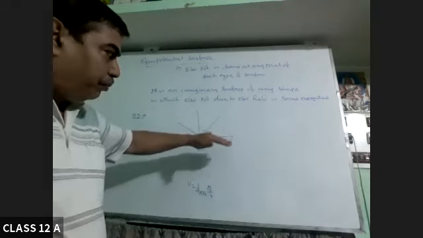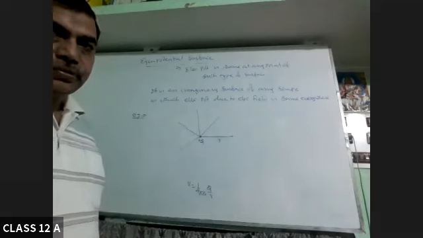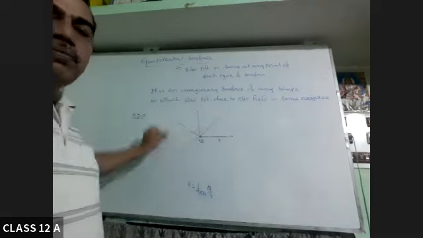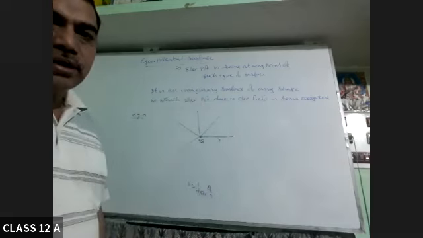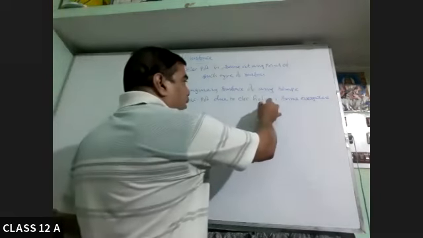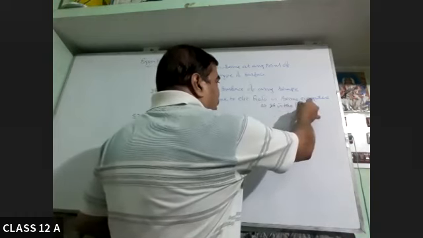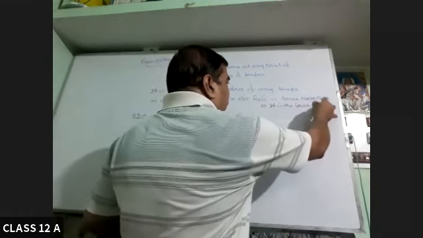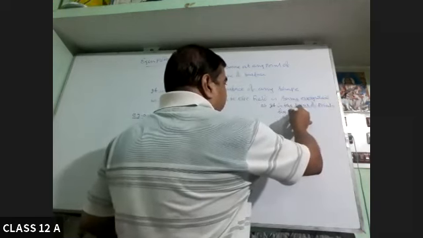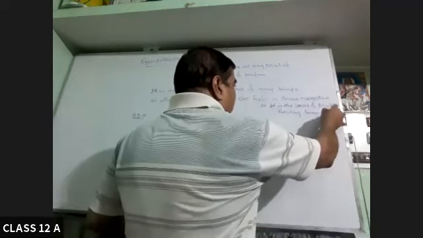So if we join these points, we sometimes call it the locus of the points having the same electric potential.